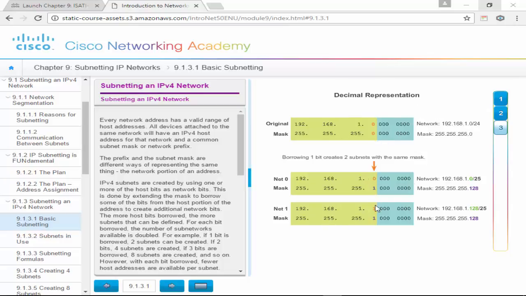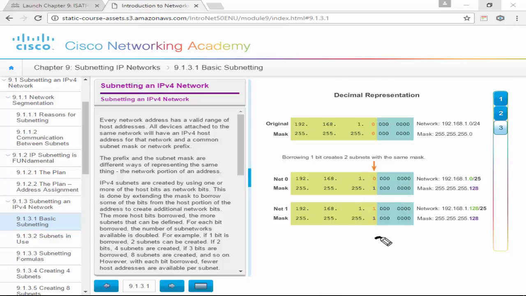And where we find our network is, as we can see, the network starts right here. What they're doing is breaking this into binary, and a 1 in that column right there is 128, and that's the network. So the two networks we can have before we go to the next network are 1.0 and 1.128, because we have split our subnet.